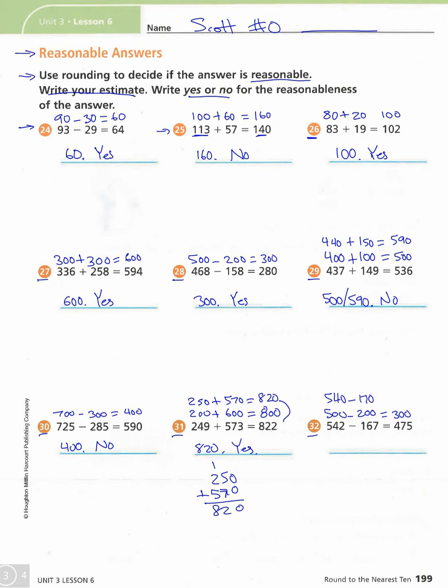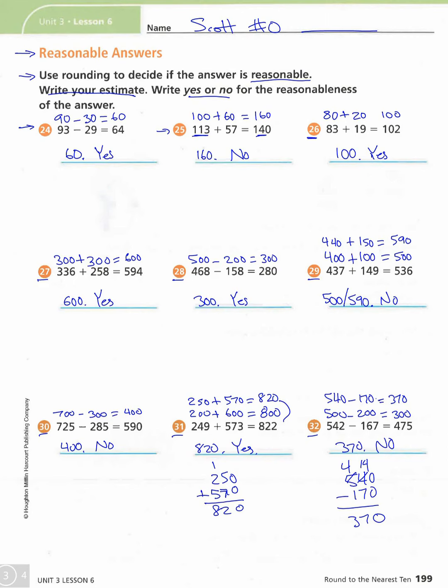So again, I'm going to come down here. 540 minus 170, I can't take 7 away from 4, so that becomes 14. So 7 and 3, 370. Neither of those are anywhere near that 475. So definitely no.